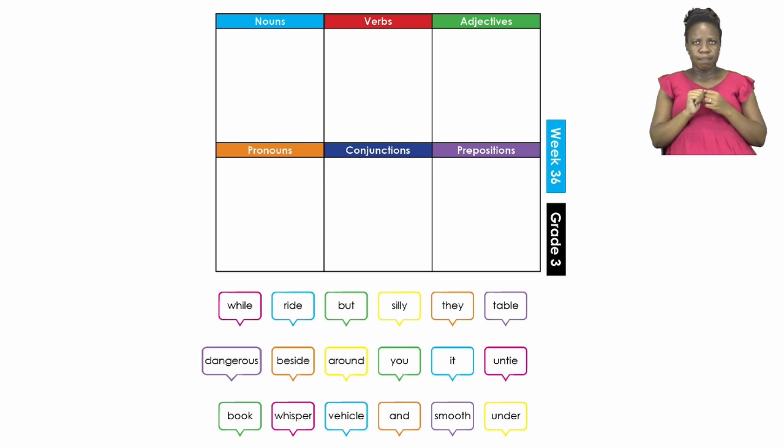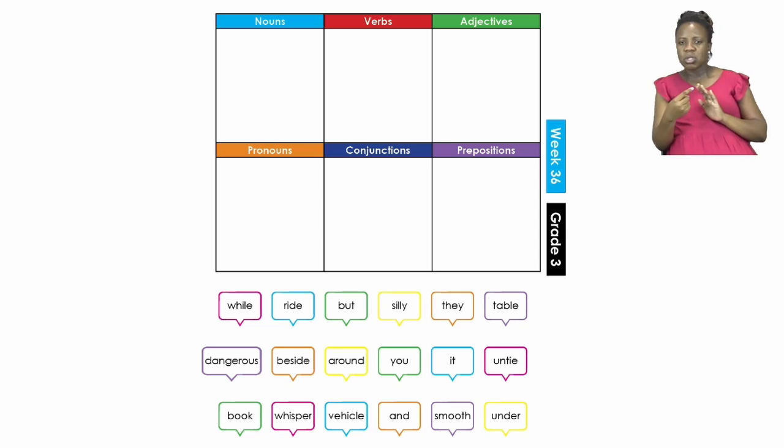Remember boys and girls, an adjective is a word that explains your noun. You also have to find a pronoun, which is a word that can replace the noun in a sentence. Then you have to find your conjunctions, which we also know as joining words. And then you have to find a preposition. Remember everyone, prepositions are words that tell us where something is.